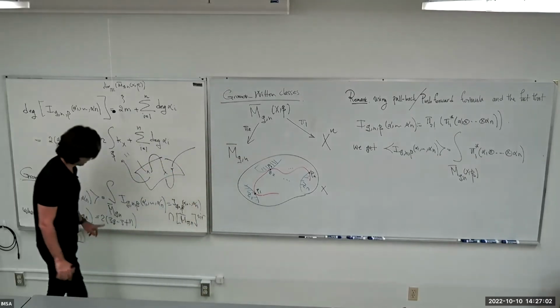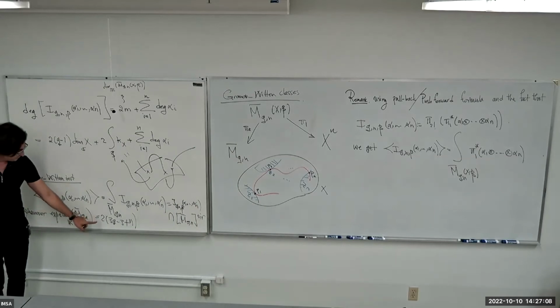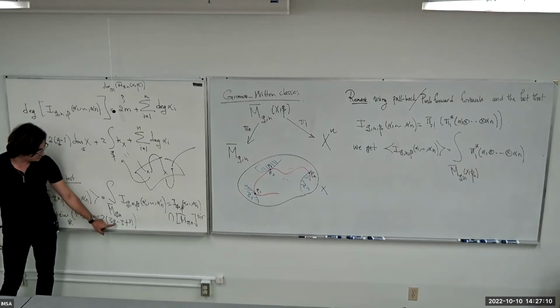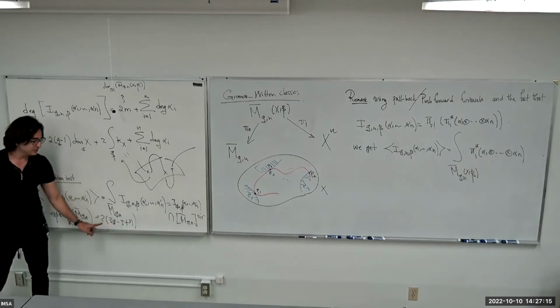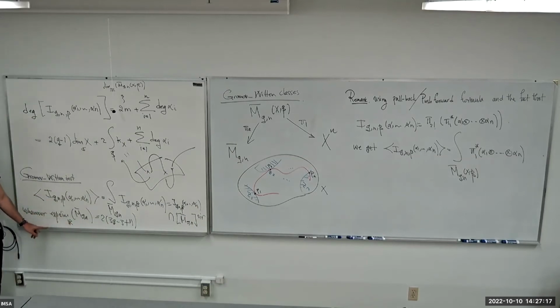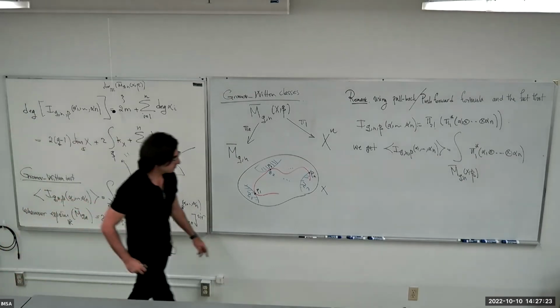So for the Gromov-Witten number, so far I have said, whenever this number 3g minus 3 plus n is bigger than or equal to 0, you can define a Gromov-Witten number. That's a huge restriction on what can be the g and what can be the n, right? But let's see what happens over there.